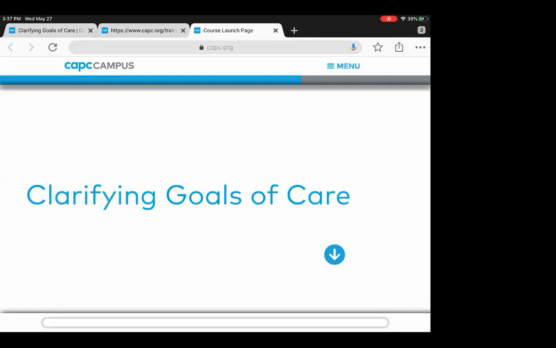Of course, in addition to that, we do symptom management. We do education on disease trajectory and a number of other things that we are meant to be experts in. But specifically when we're talking about goals of care, it's important because again, we use that phrase goals of care, but it's important to know exactly what that means.